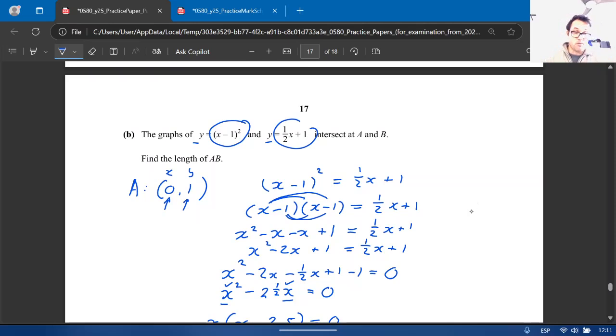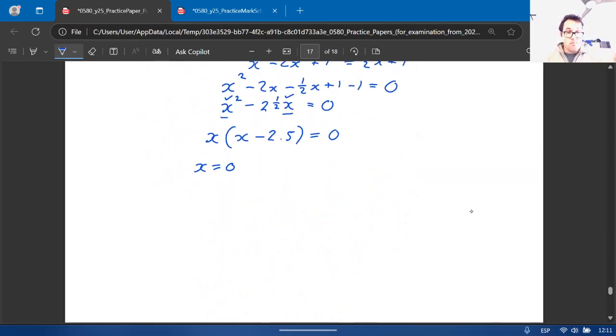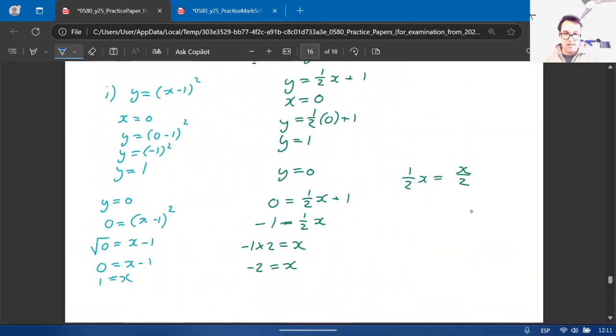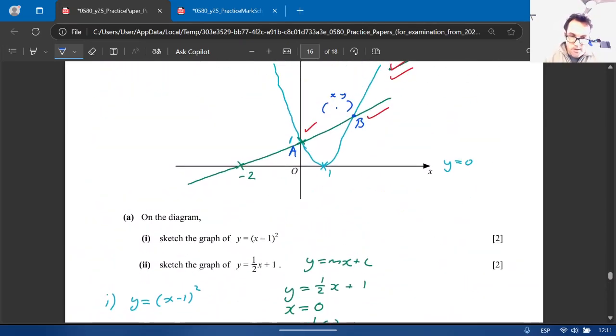That's why we know this is a point where they cross. But on the other side, we have x minus 2.5 equals 0. That means x, so add 2.5 to both sides, is 2.5. So brilliant. What we know now here is, if we go down, this would be 2.5.